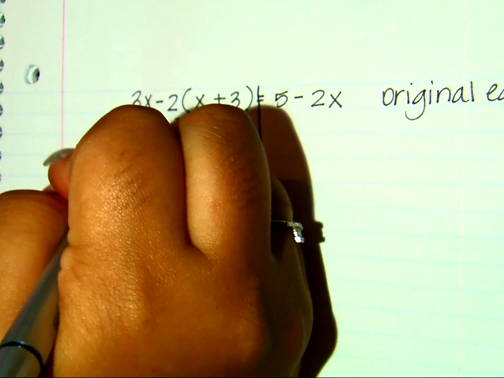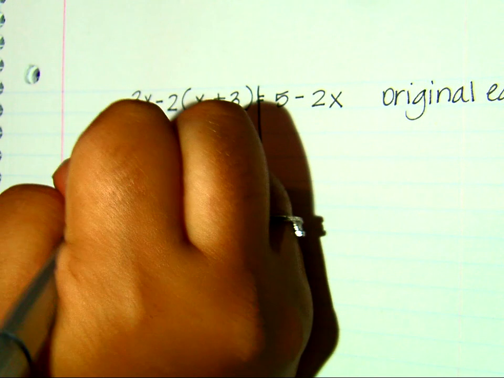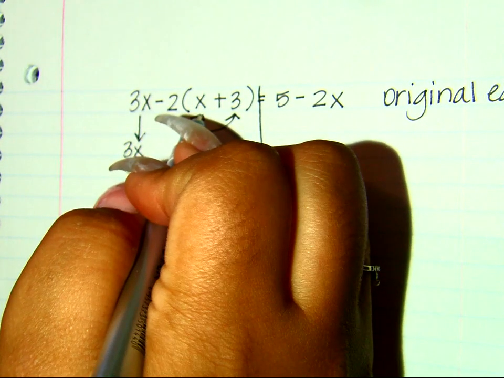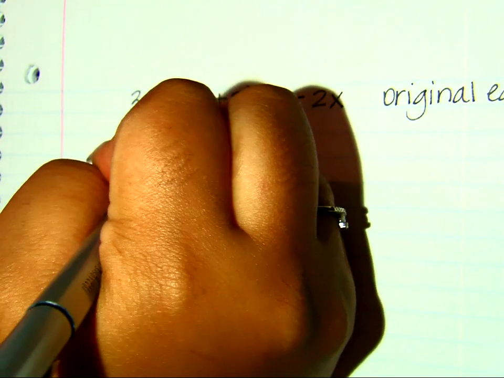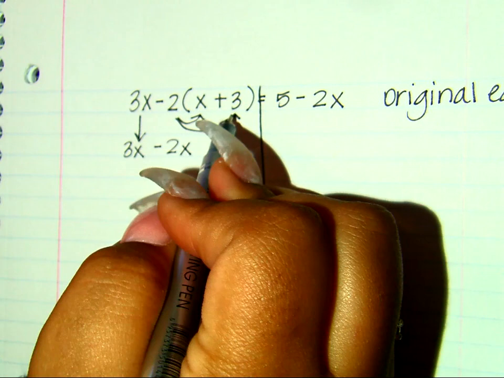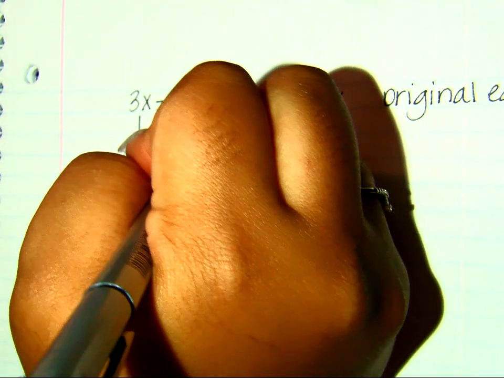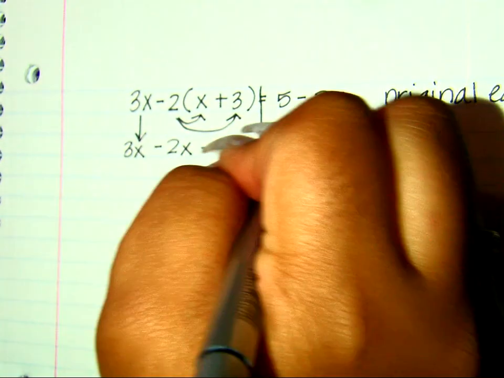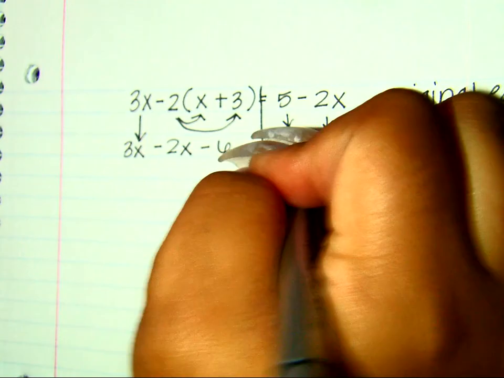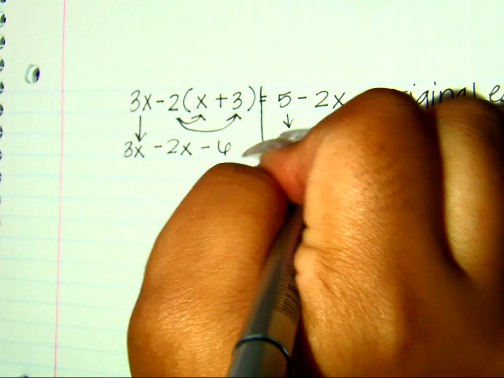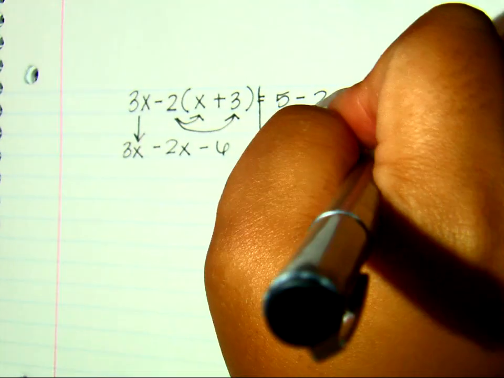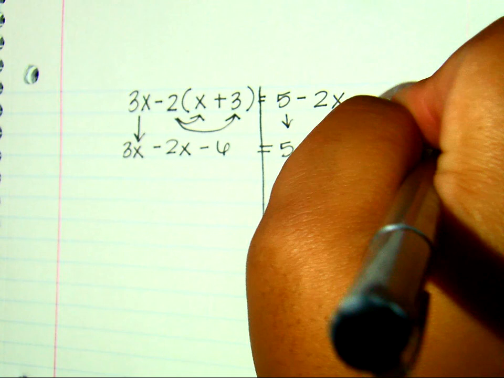So that means I am going to bring down my 3x. -2 times x is going to be -2x. And -2 times 3 is going to be a -6. And I also bring down both my terms over here because I have not used them. So the first thing we did was distributive property.